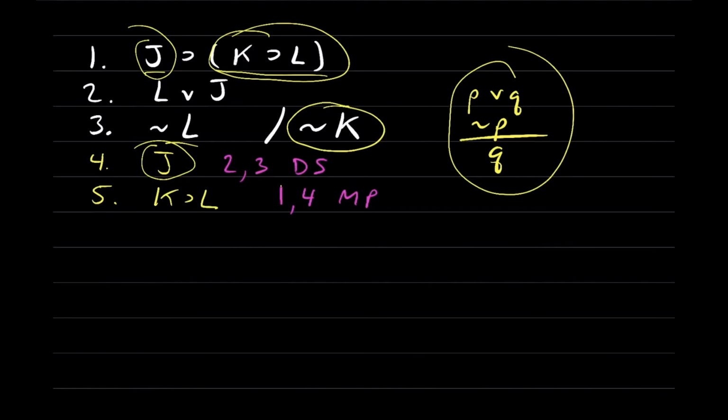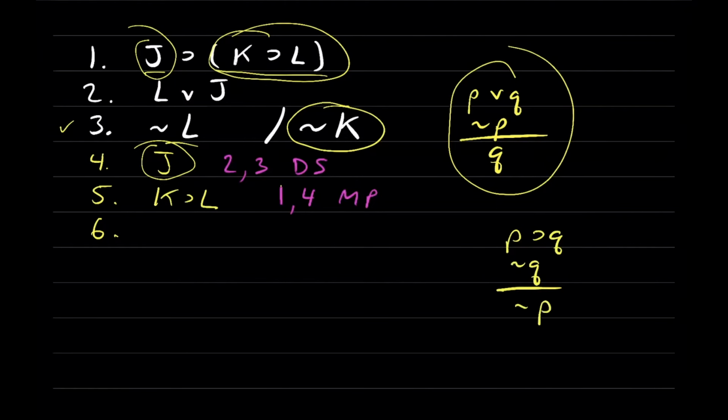Okay, let's keep going. We're going to add a new line, line 6, and let's see what we can conclude. Well, in line 5, we have a new conditional, K implies L. But line 3, way up here, tells us that L is false. And that looks like the argument form for Modus Tollens, and that is P implies Q. If Q is false, that means P has to be false.